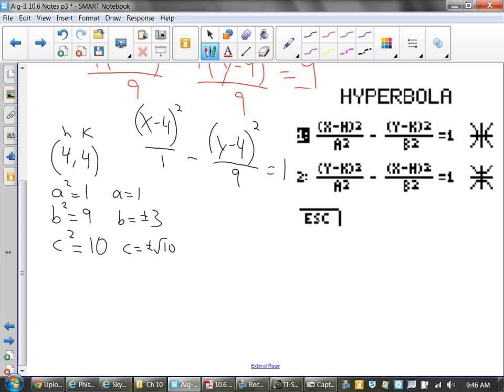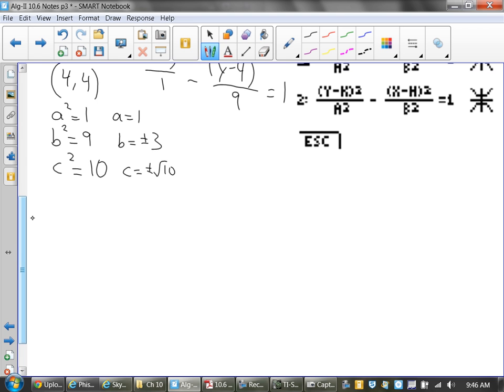From here, we're going to walk through graphing this. What are the ordered pairs you have to be able to list? We know the center is going to be at 4, 4. The a value, remember, that's center to vertex, left and right 1.